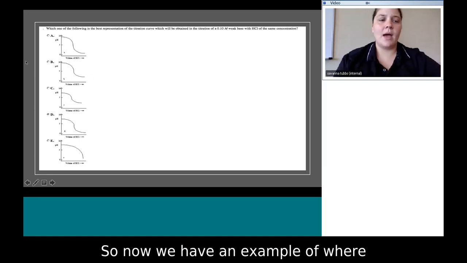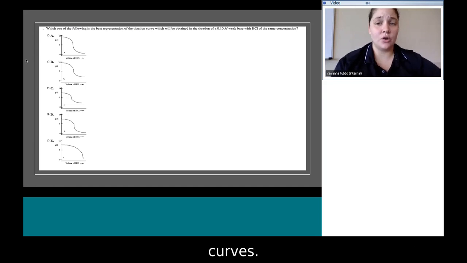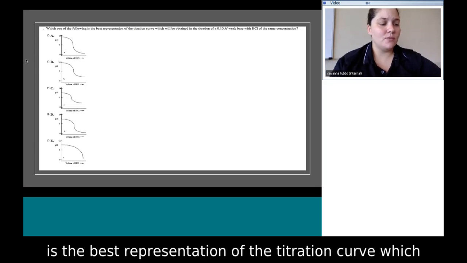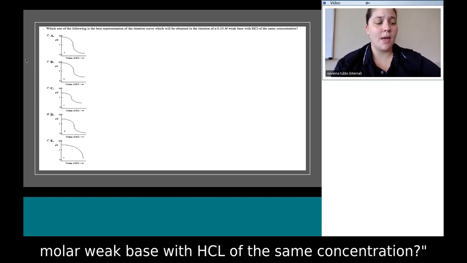So now we have an example where we're trying to compare and contrast different titration curves. It says, which one of the following is the best representation of a titration curve which will be obtained in the titration of a 0.1 molar weak base with HCl of the same concentration?